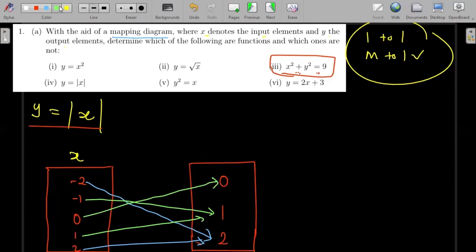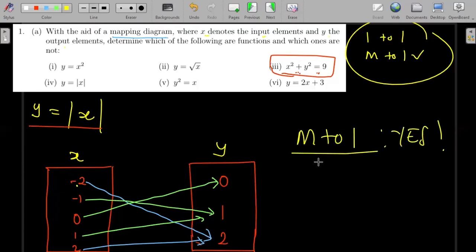On the types of relations, if I consider this input and this one, we see that they've been mapped to the same output. So this is a many to one. Is it a function? Yes, a many to one is a function. Or if you don't want to consider that, just look at your mapping.